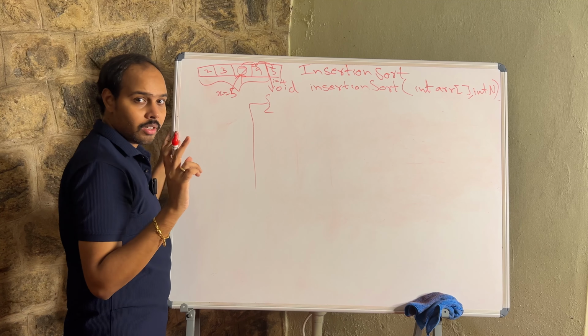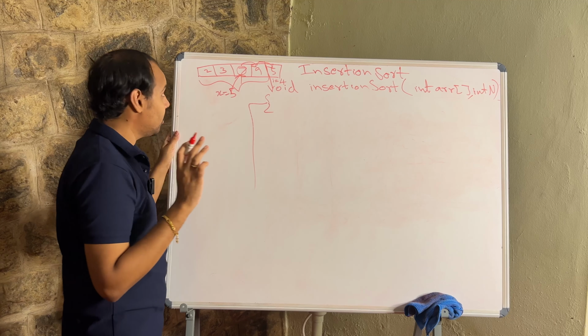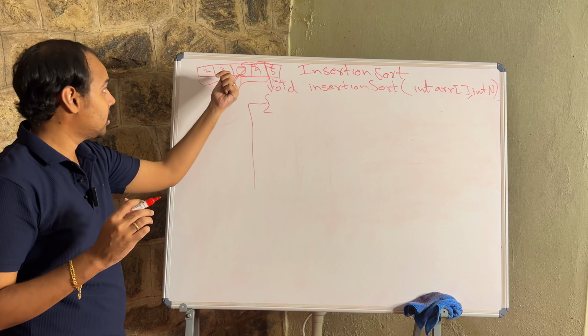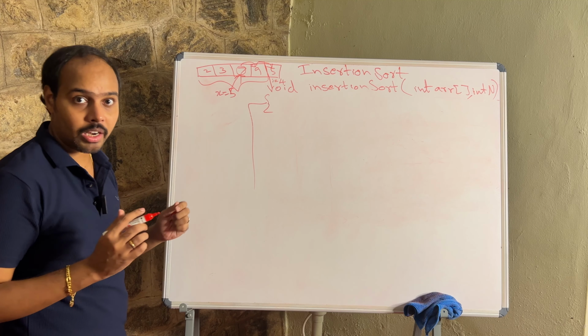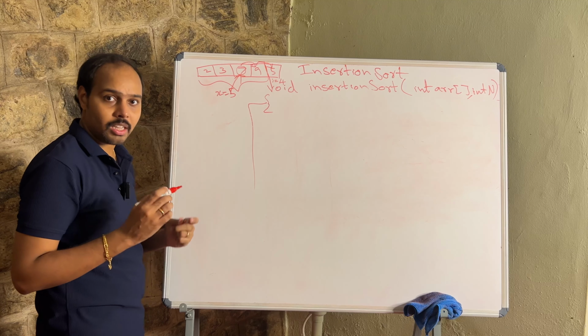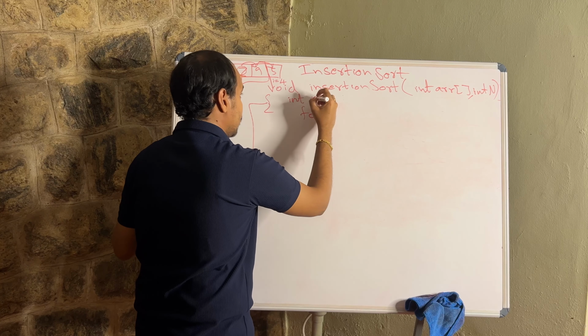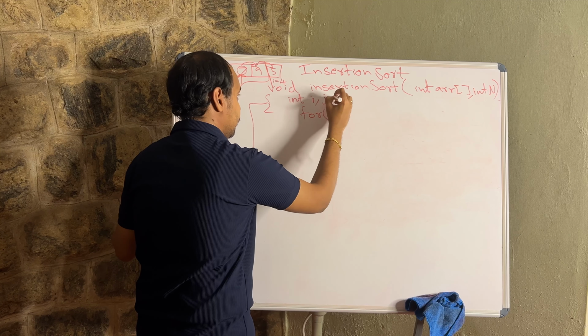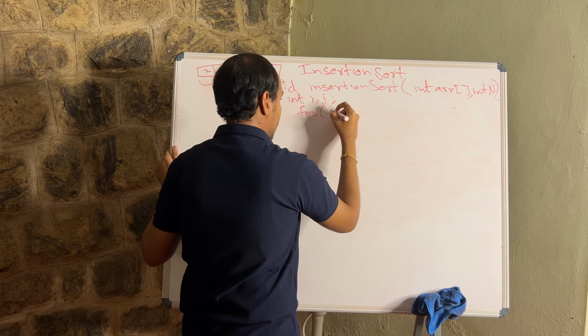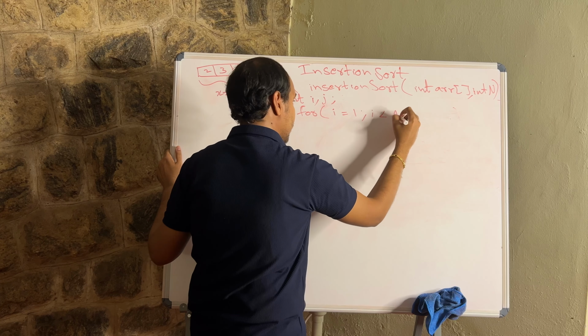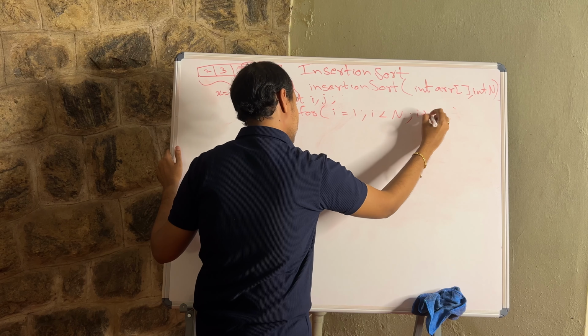If you remember, we started with the first element already sorted. So we have to start from the second element of the array only. We don't want the 0th index to be checked. int i, j; for i equal to 1, i less than n, i plus plus.